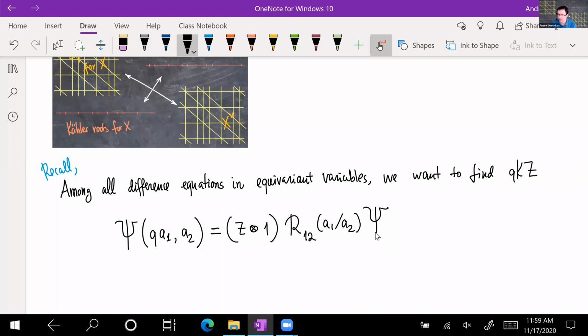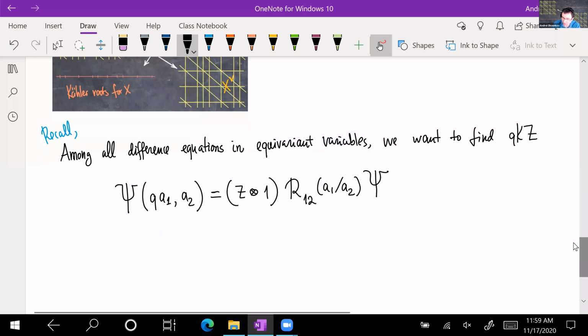Okay. Now, does everybody remember what happened last time with the QKZ? Does anybody have problems with transitioning from general discussion to the specific equation? All right, so don't be shy.